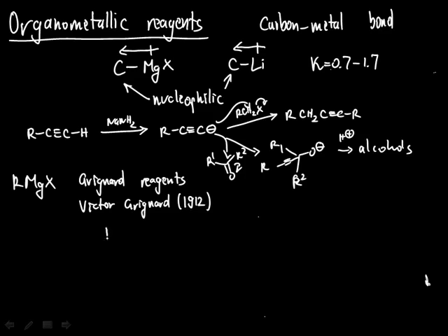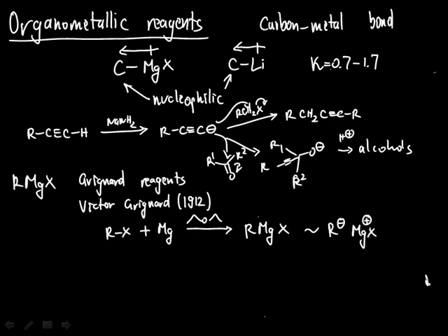And these reagents are made through the reaction between alkyl halide and magnesium. This is elemental magnesium. This is typically performed in ether solvent, which has the dual role of first solubilizing everything and then also coordinating to the metal in the organomagnesium compound. And then we get our RMgX. And this is a Grignard reagent, which for many purposes is equivalent in its behavior to R minus MgX plus.